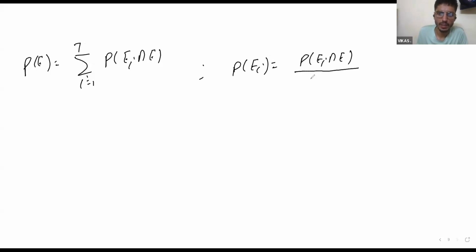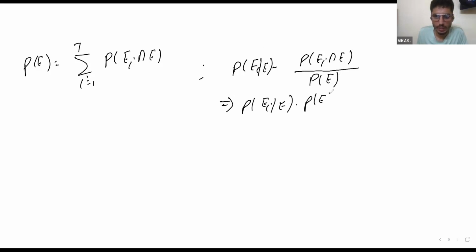That can be written as probability of Ei given E, multiplied by probability of E. I'm just trying to relate the concept that we have done, and probably we will reach some good conclusion.